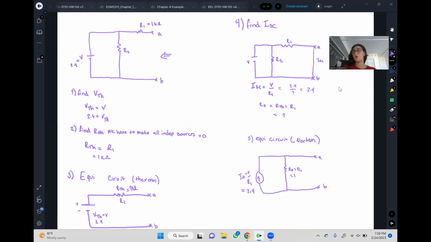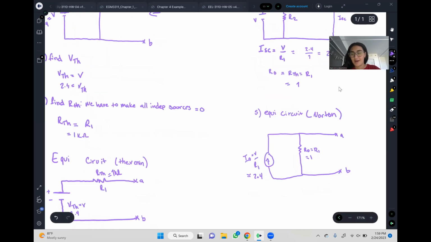And to get our RO, which is our output resistance, that is also equal to the RTH, and the RTH is also equal to R1, so it would be 0. And then for the equivalent circuit for Norton, it would be this, which I'm zooming into right now. And that is activity number 1 of lab 3.